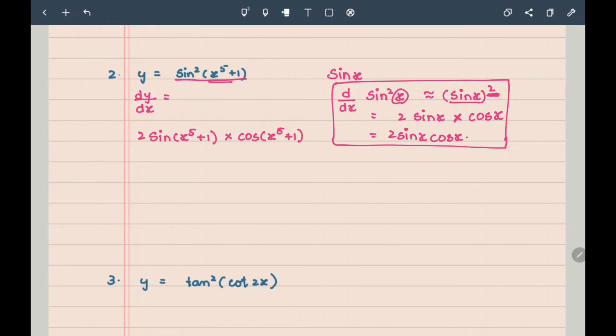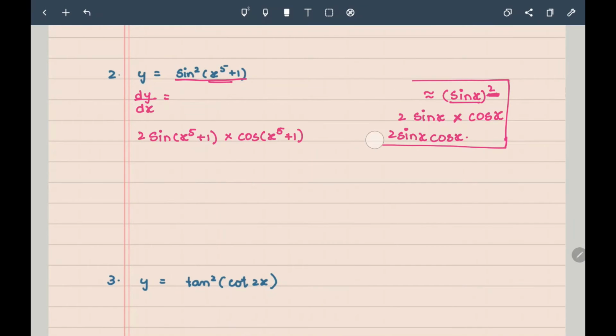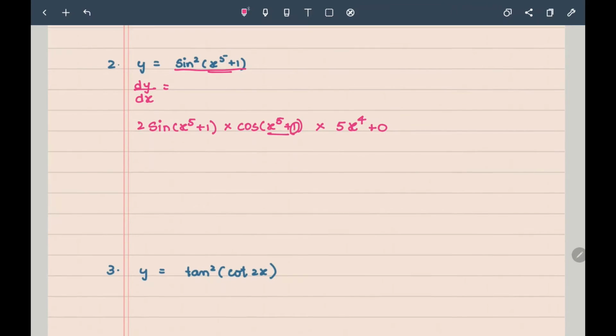Now we have to find the derivative of the other terms, that is x power 5 plus 1. So into derivative of x power 5 is 5 into x power 4 plus 0, because derivative of constant is 0.